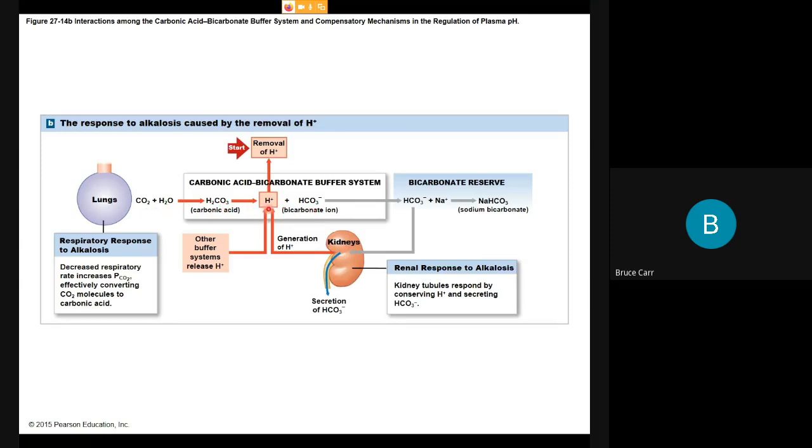The hydrogen ion will then neutralize the excess base. In the kidneys, we conserve hydrogen ion and we secrete bicarbonate, retaining the acid in the body and neutralizing the base again.